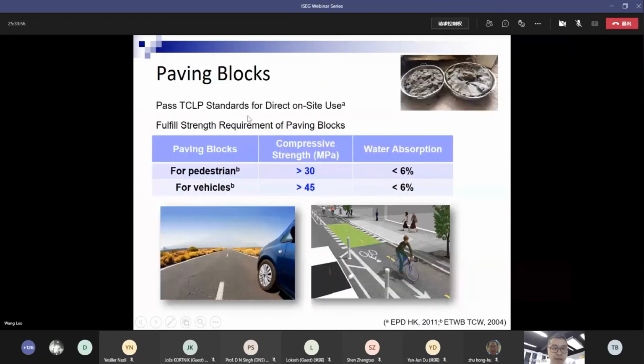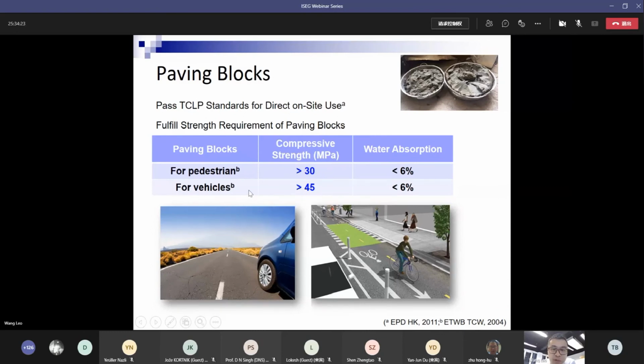So in Hong Kong, if we want to recycle this contaminated sediment into paving blocks, firstly, it needs to pass the TCLP requirement, and then it should provide high compressive strength. For paving blocks for pedestrian use, the compressive strength should be higher than 30 MPa.